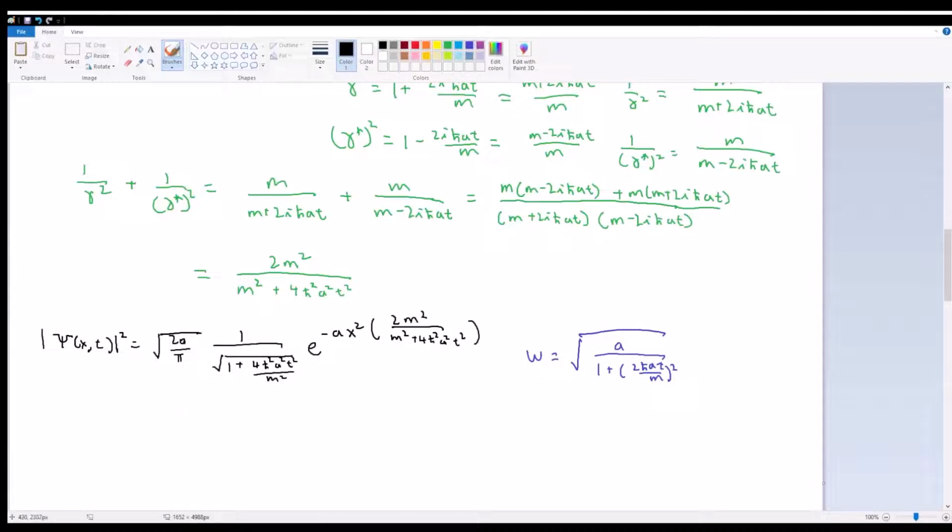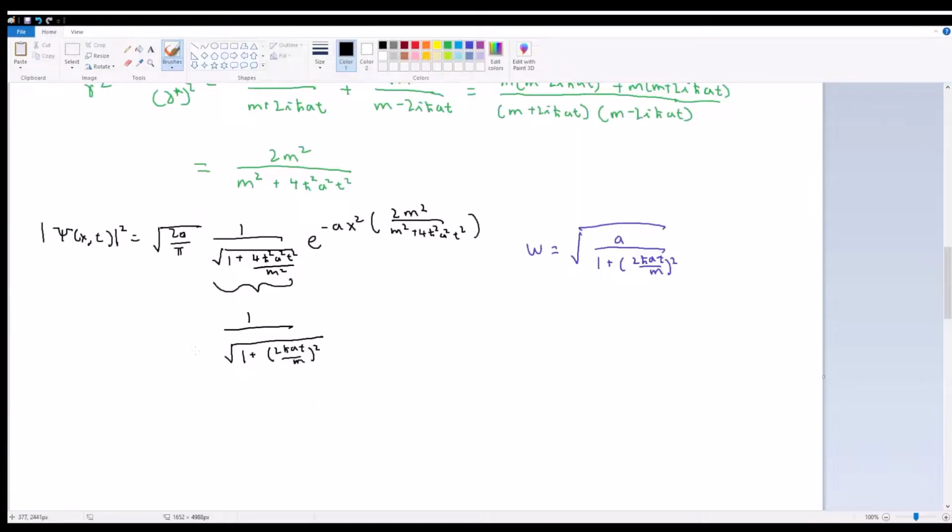So immediately what we see here is that this can be rewritten as 1 over the square root of 1 plus 2 h bar at over m squared. So we also have a square root of a at the front here. So we can say the magnitude of psi squared is equal to the square root of 2 over pi. If the square root of a moves to the denominator or the numerator, then this just becomes omega. And then we have e to the, and then we have this.